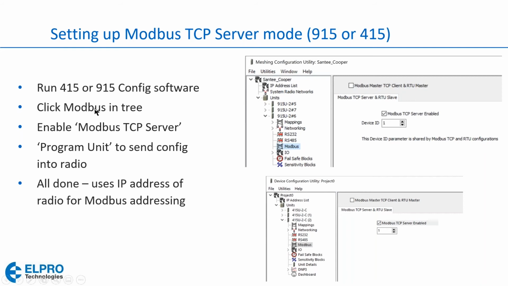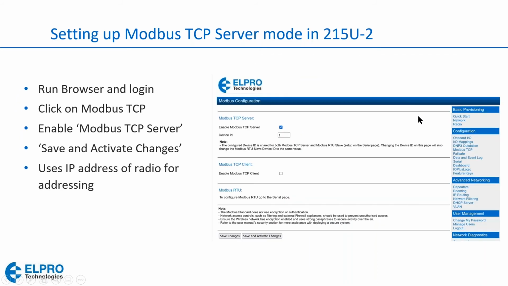So just like we did with the RTU modes, first of all, we run our configuration software, either the meshing configuration software for the 915 or device configuration utility for the 415. Then we click Modbus in the tree structure below the name of the radio. And then we head over and we make sure we have a tick mark in Modbus TCP Server enabled.